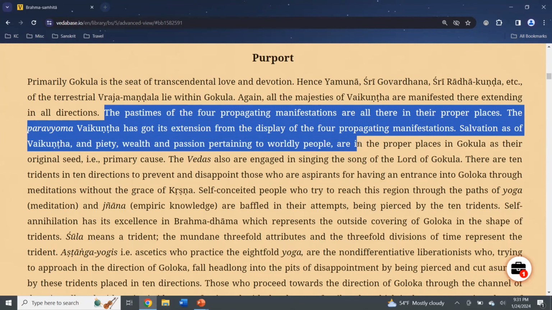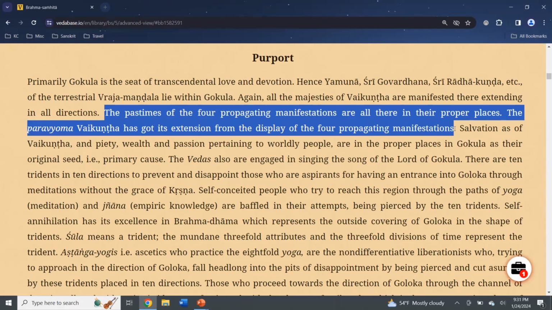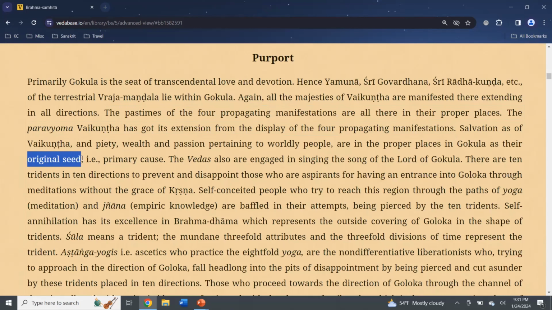The Paravyoma Vaikunta has got its extension from the display of the four propagating manifestations. Salvation as of Vaikunta and piety, wealth, and passion pertaining to worldly people are in their proper places in Gokula as their original seed, that is the primary cause. The Vedas are also engaged in singing the song of the Lord of Gokula.